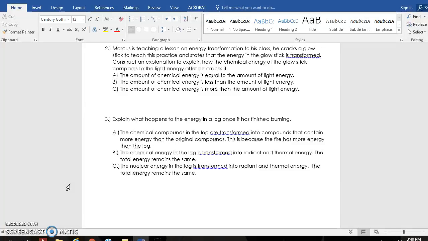It can only be transformed. So whatever we start with, we have to end with. So the amount has to be the same. So A, B, and C, we're going to find the answer choice that says that they are the same, they are equal, whatever's closest to that. Okay, and it looks like answer choice A, the amount of chemical energy is equal to the amount of light energy, would be correct.